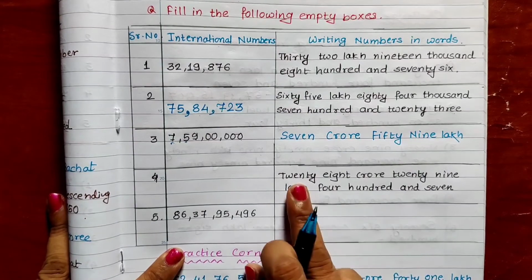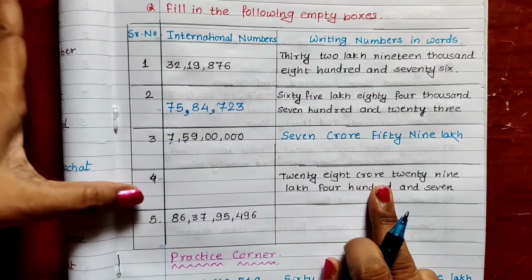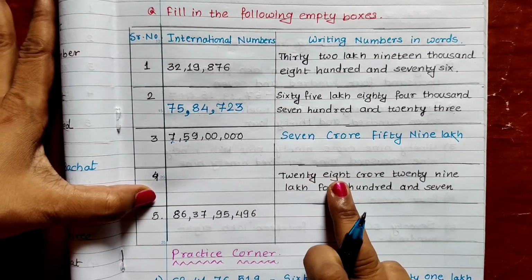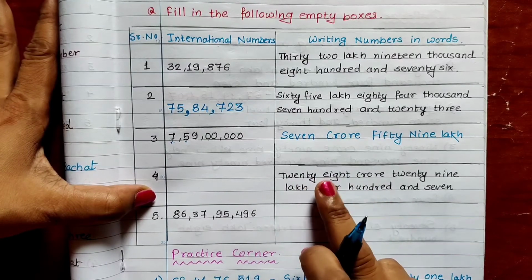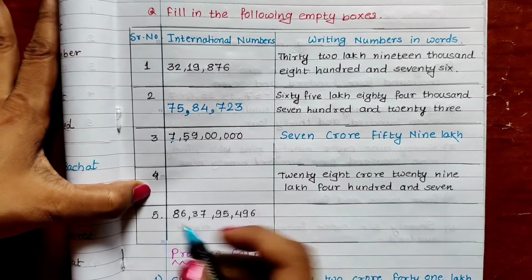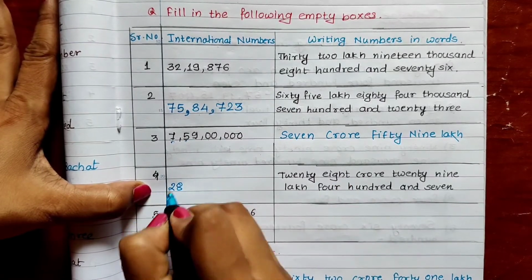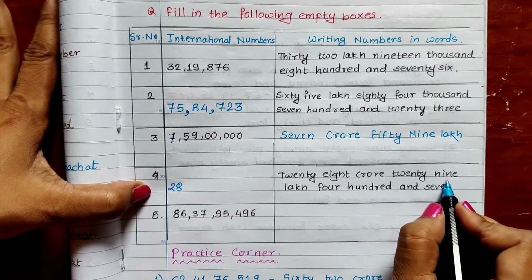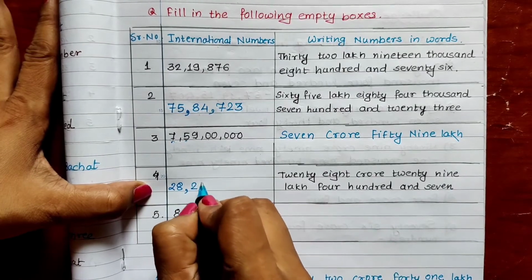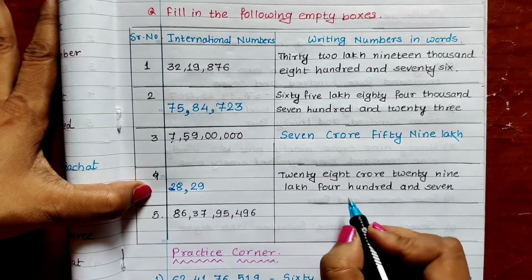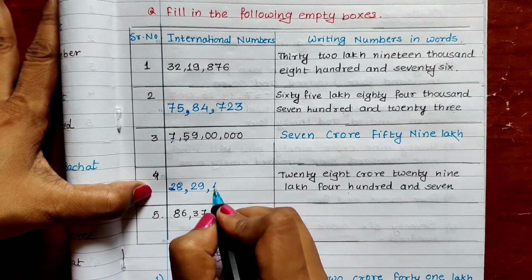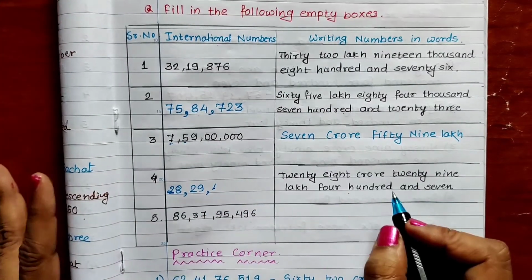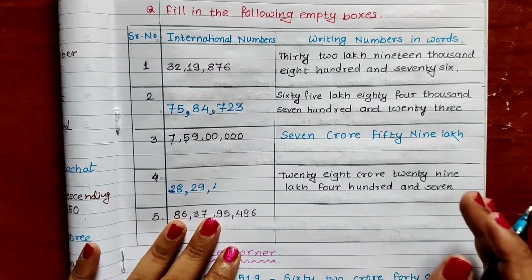Now the next number, 28 crore. 28, 2 and 8, and then crore is there. That means this number has 9 digits. So I write first 28 crore, then 29 lakh. 400 and 7. That means at the 1000 place we don't have any digits.